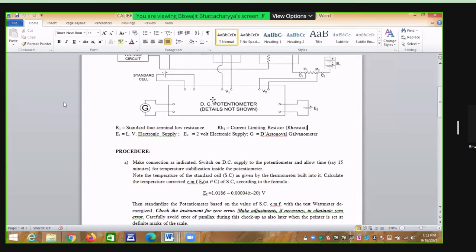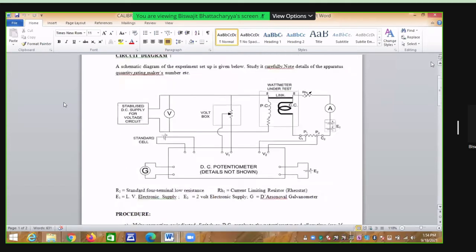Then we go to the test mode, keep the selector switch in position 1, then measure V1 by observing the null point of the galvanometer with repeated press and unpress. Then we keep the selector switch in position 2 and measure V2 by varying the slider position and observing the galvanometer with repeated press and unpress. Then we go for some calculation, and that happens for every reading of the wattmeter.